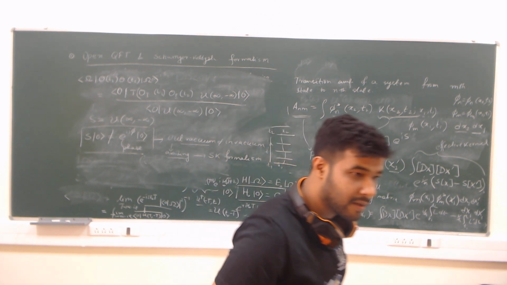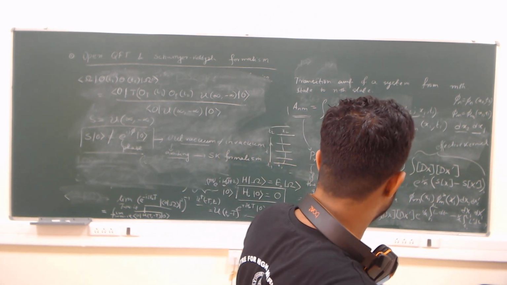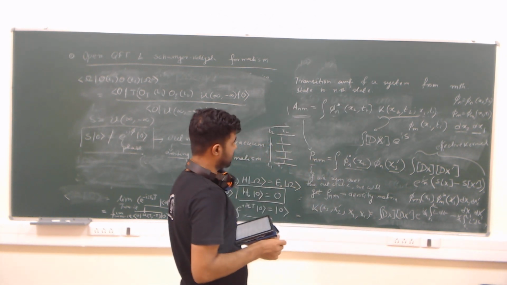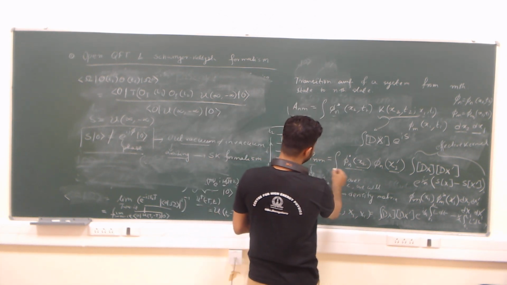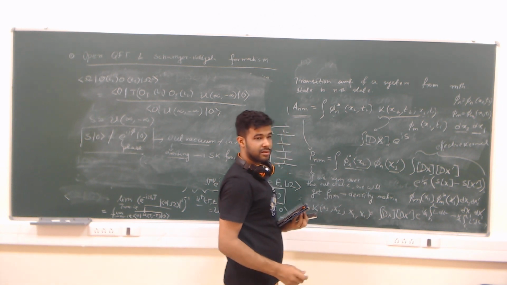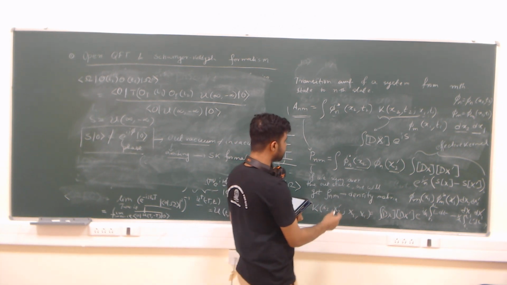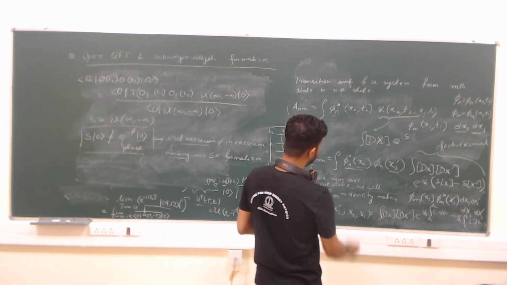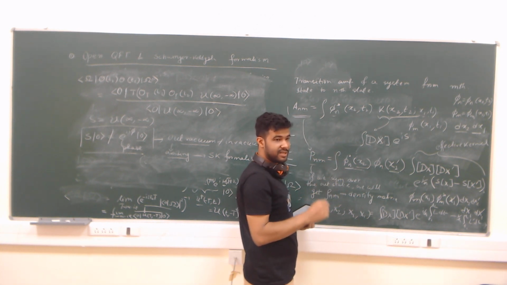So what does it mean to sum over the out states? I integrate PNM against the n states, so basically here I will take a summation over n.